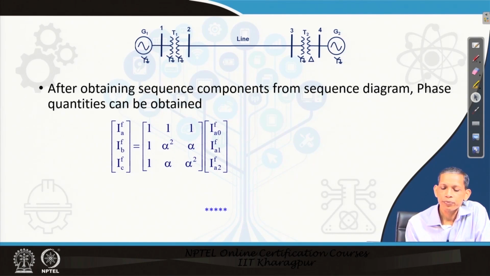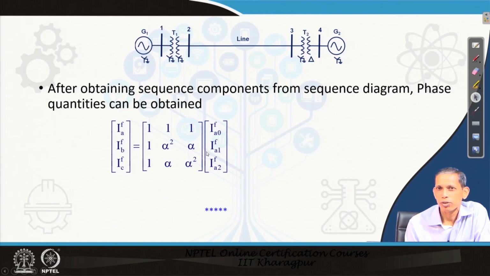Now, for any system like this, if you would like to analyze it, finally we will get the corresponding zero sequence, negative sequence and positive sequence currents and voltages at different points. But again, going to the phase quantities, the phase quantities can be computed by multiplying the T matrix with the sequence component matrix.